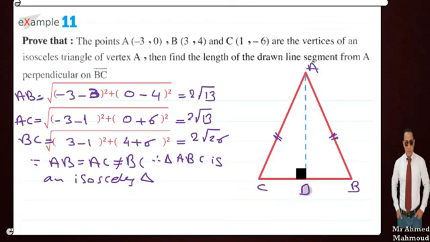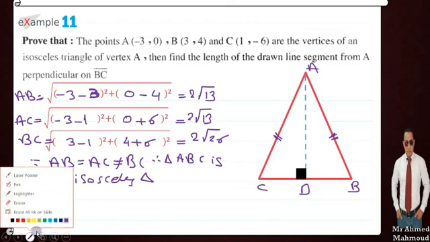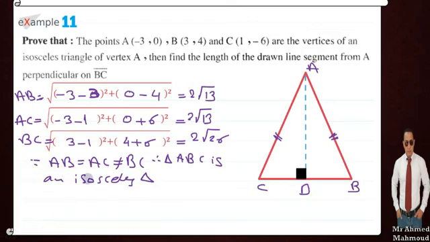Okay, in the distance lesson we have solved an example like this by using the Pythagorean theorem, but now I'm going to explain it by a different method. Here D is a midpoint of BC. As we explained before many times, in the isosceles triangle, the axis of symmetry bisects the base.